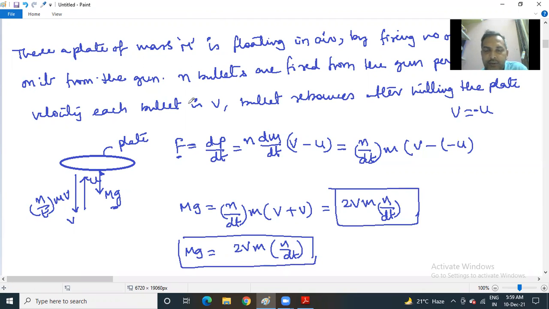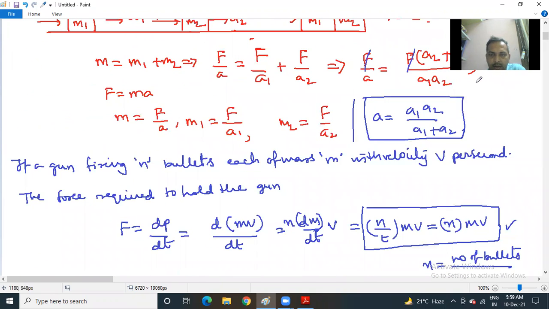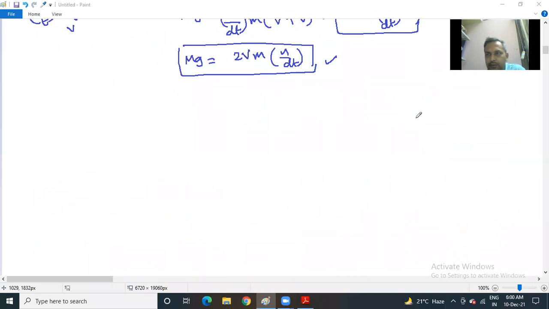Students, in my next video, I'll continue with the numericals based on this equation, this equation and this equation. So you can even express Newton's second law like this. F is equal to ma.